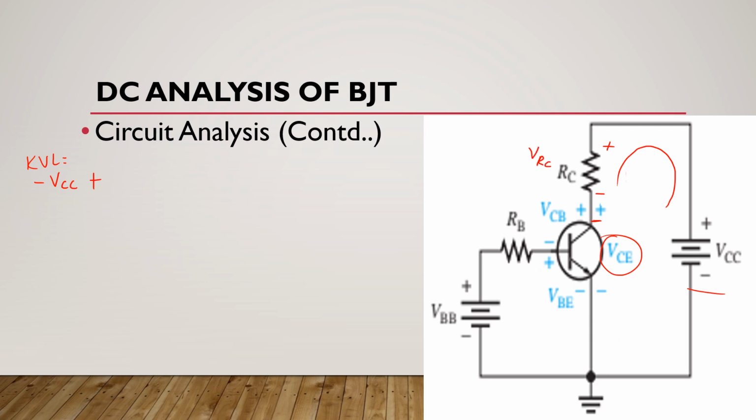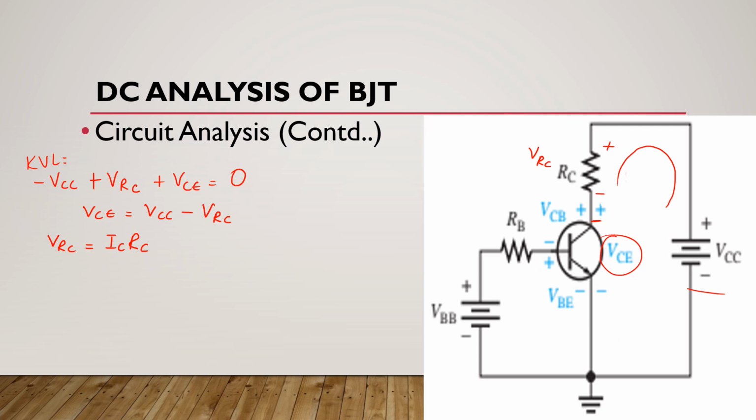So we have plus VRC here plus VCE is equal to 0, and if we rearrange this equation we get VCE is equal to VCC minus VRC.